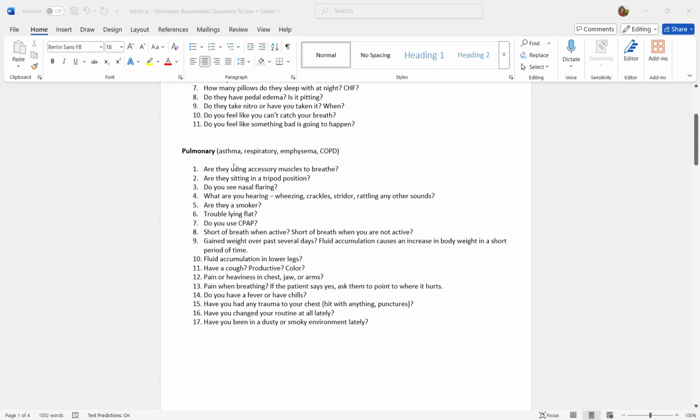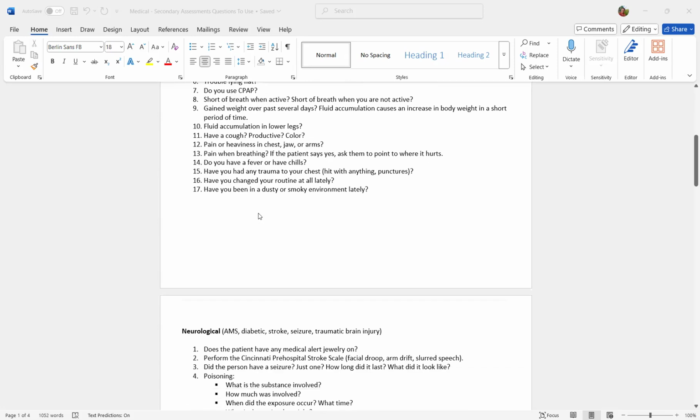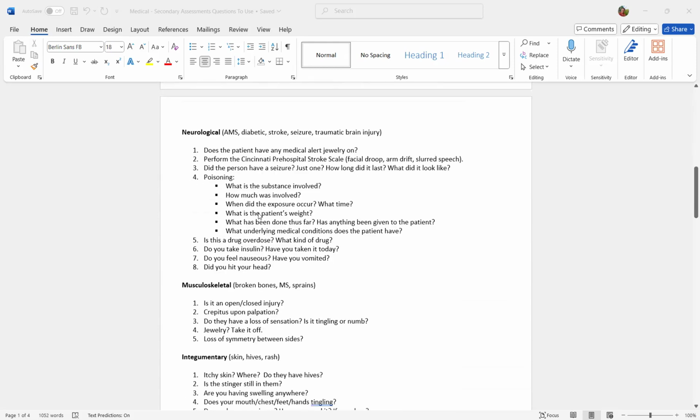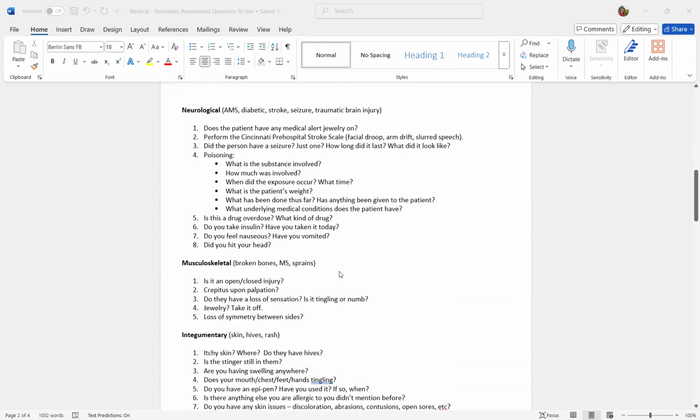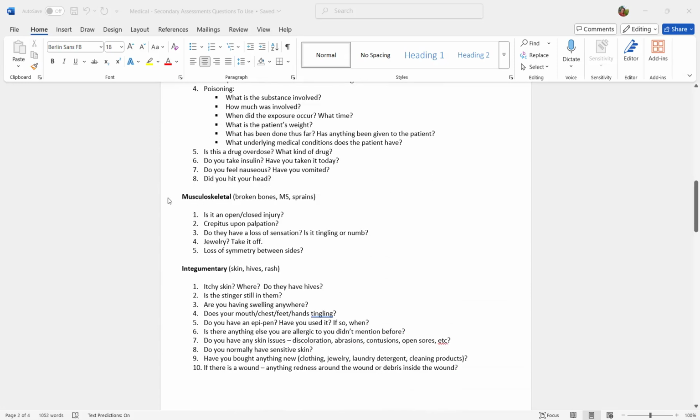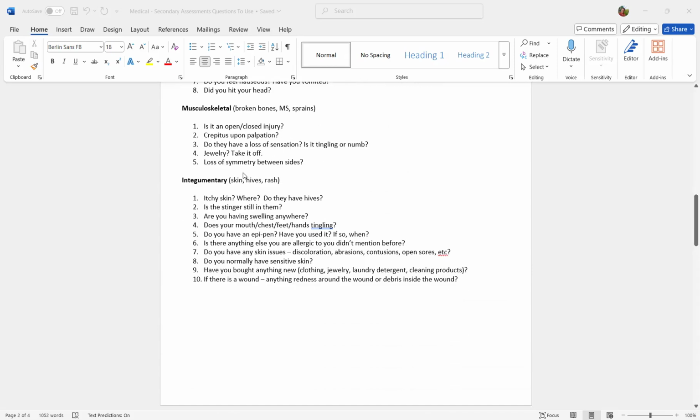Pulmonary would be like asthma, respiratory, emphysema, COPD, things that are going on with the lungs. We have neurological. This is going to be like stroke patients, diabetics, altered mental status, seizures, traumatic brain injuries. We have our musculoskeletal system, so bones, sprains. Integumentary, this is our skin, hives, rashes, stuff like that.